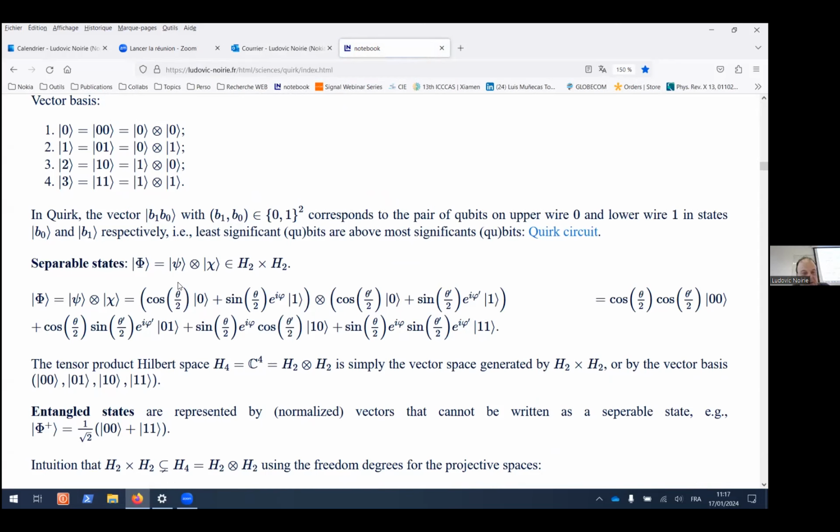So it is any state in the Cartesian product, not the tensor product, the Cartesian product of the two Hilbert spaces. And this can be represented with the Bloch sphere representation by this formula. It's not well written, but I will have to correct this.